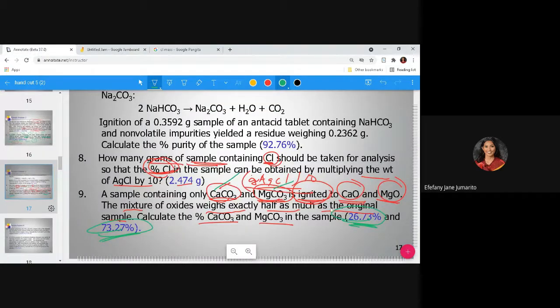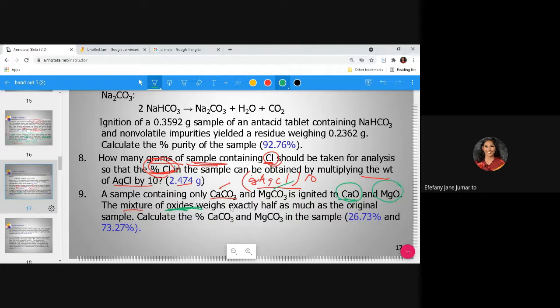Now, it says, what about the mixture of oxides? Okay, where are the oxides, class? Atong ignited na nga calcium carbonate ug magnesium carbonate, ma'am. Okay, so the oxides. When we say oxides, we have oxygen. We have calcium oxide and magnesium oxide.